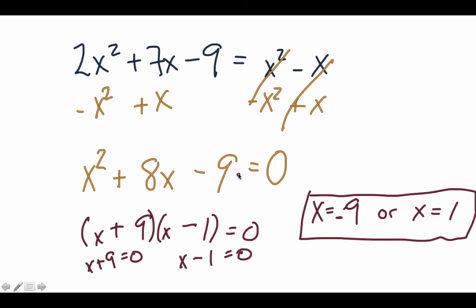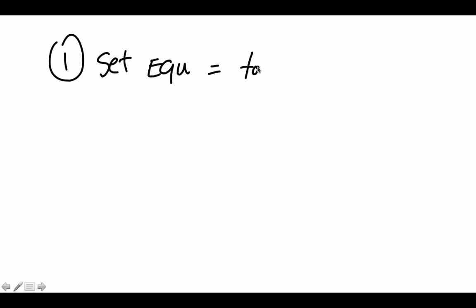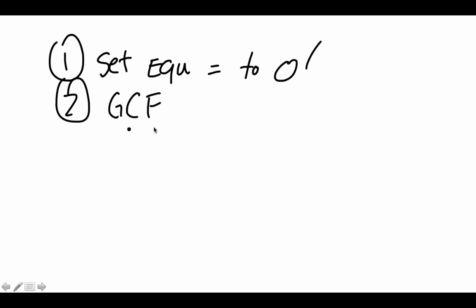So let's hit the highlights here. The highlights are: 1. Set equation equal to 0. Second thing, look for a greatest common factor. Pull that factor out. Don't divide by it.